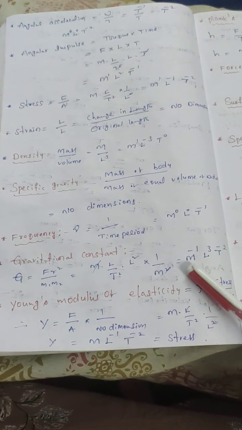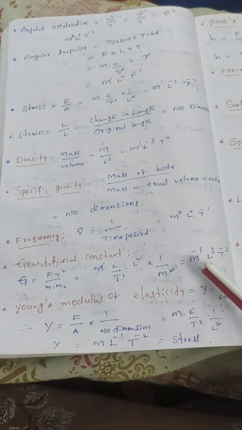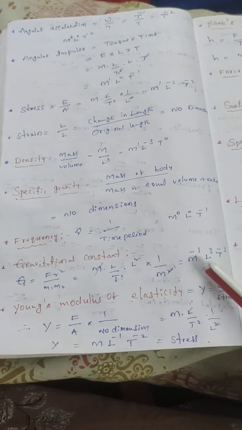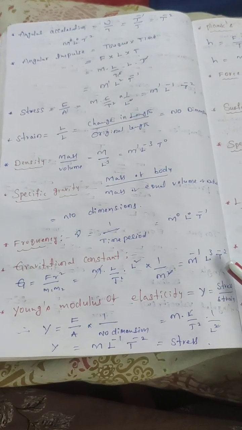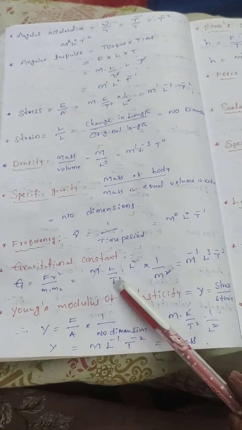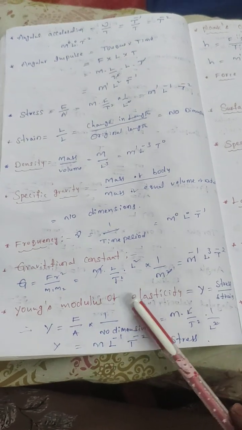Here in gravitational constant, sometimes negative power mass dimensions they will ask in questions. M power minus 1 L cube t power minus 2.